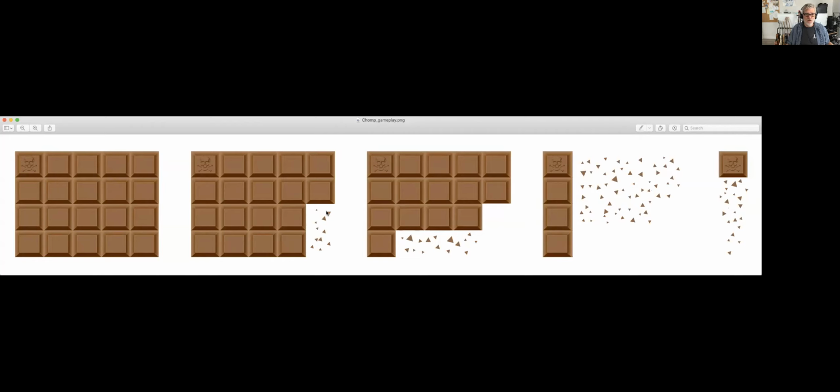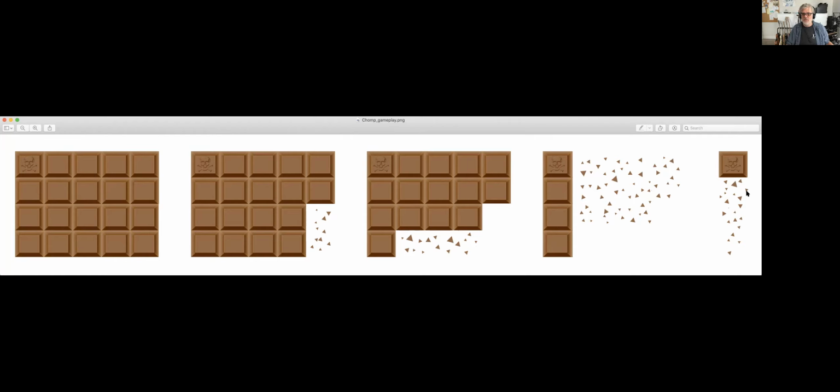Player one selected the square here, and so has to eat everything below and to the right. Then player two chose this square, so everything below and to the right means those cookies. And then player one again chose this one here, and so had to eat everything below and to the right.